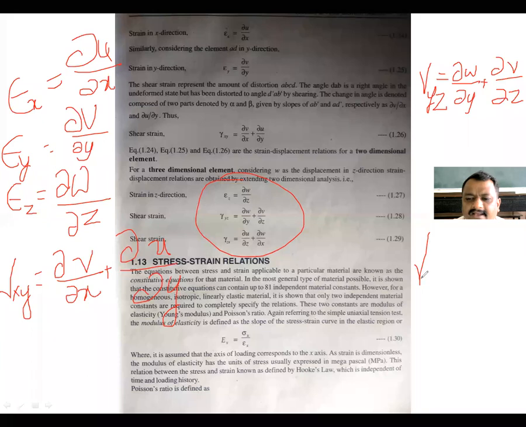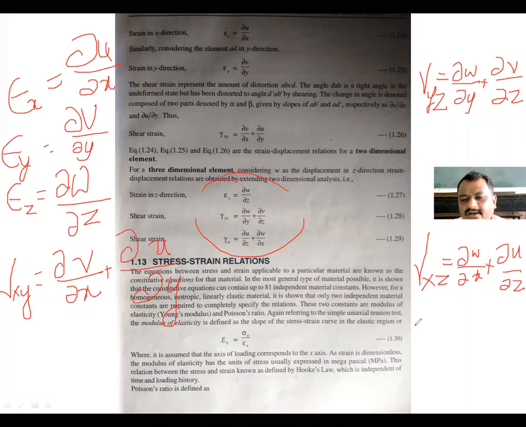Similarly, for gamma xz or zx, you write it as dou by dou x, dou by dou z. For displacement in x direction, instead of writing u, you write w for z. And for z, the displacement is w, you write it as u, because you are interchanging it.